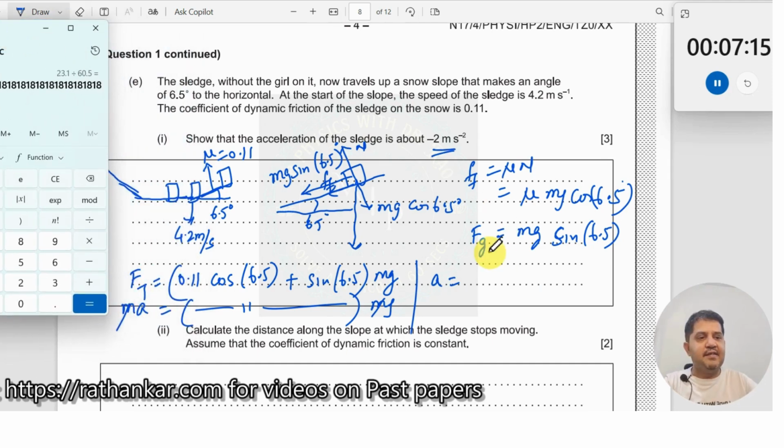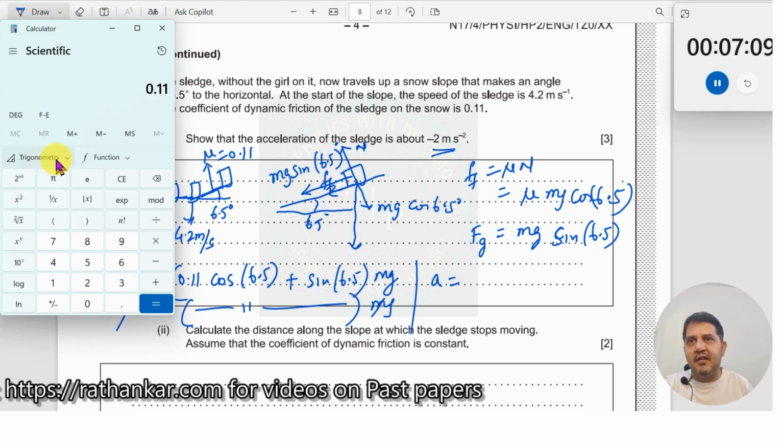Now I have 0.11 cos of 6.5. So where is cos of 6.5? Let me take trigonometry here. So I should first write 6.5 there, and then take trigonometry and take cos of 6.5. You get 0.9935.